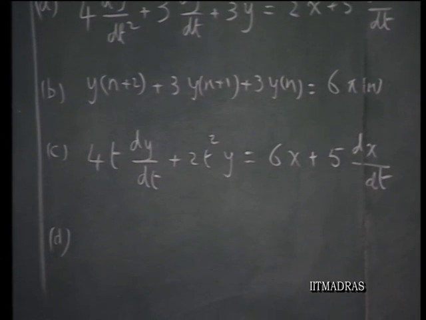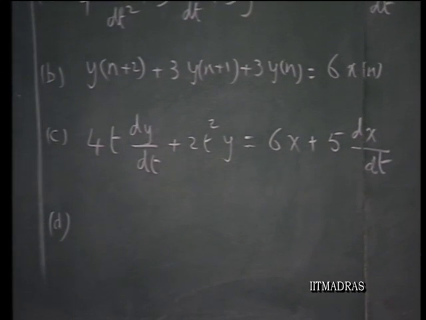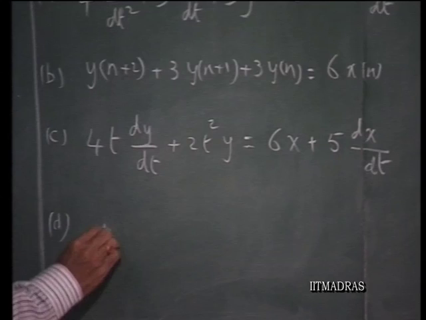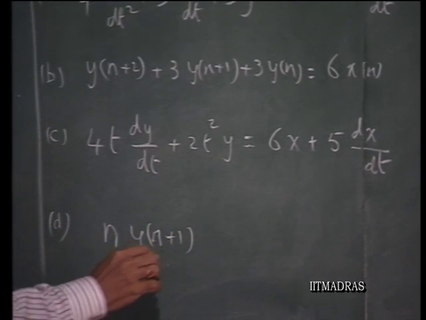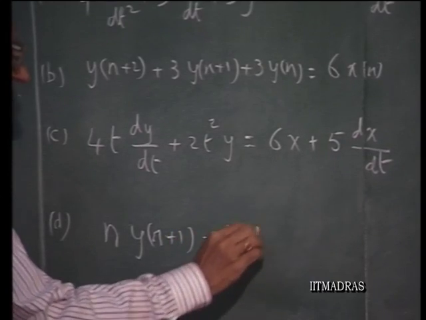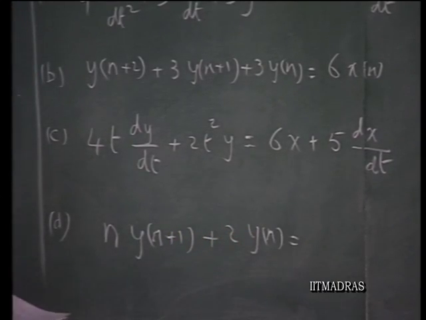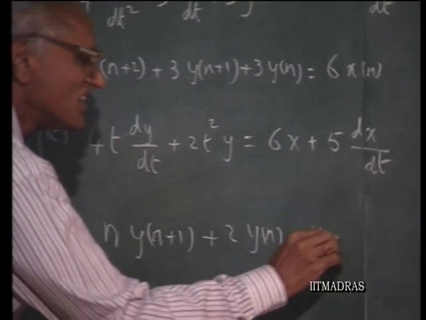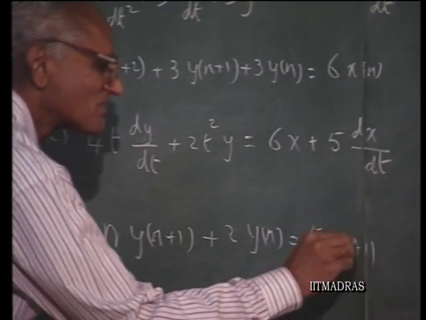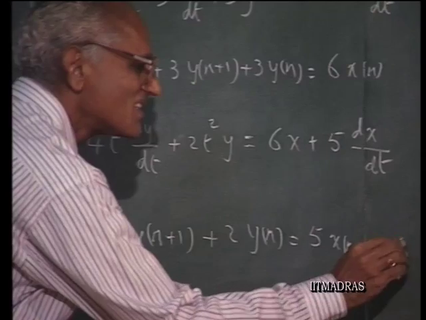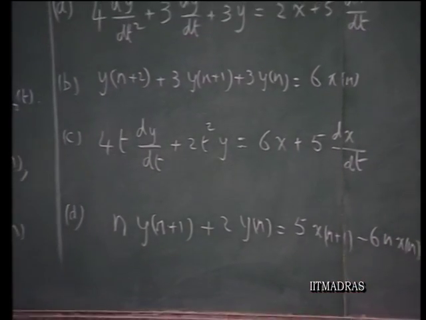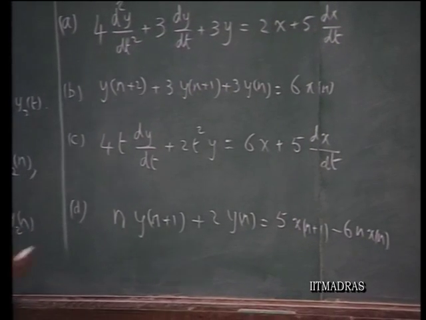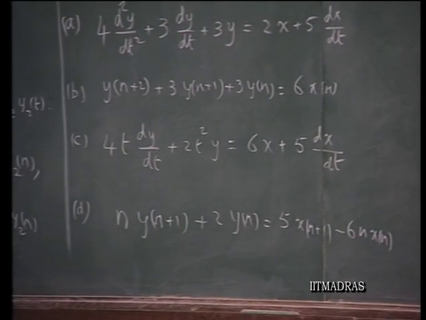A corresponding equation for a discrete time system would be something like this: n y of n plus 1 plus 2 y of n equals, let us say, 5 x of n plus 1 minus 6n xn. So, you see here the coefficients are not constants, but functions of n.